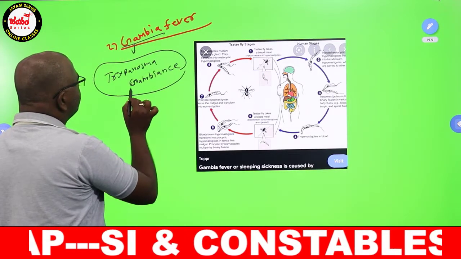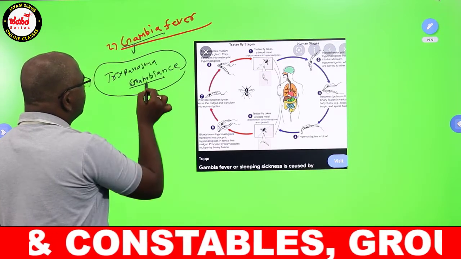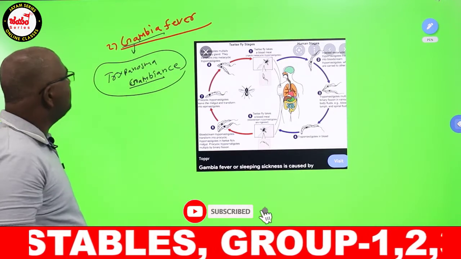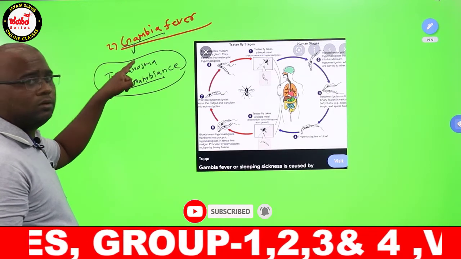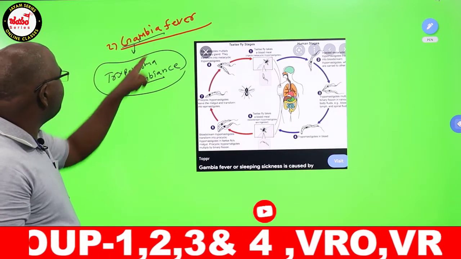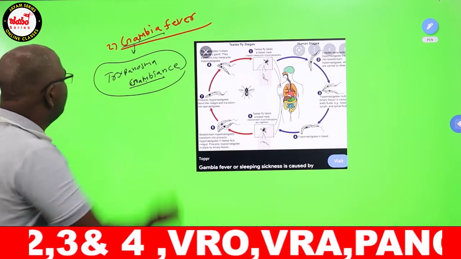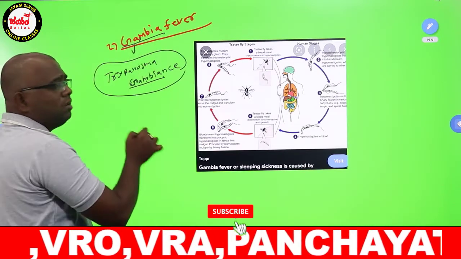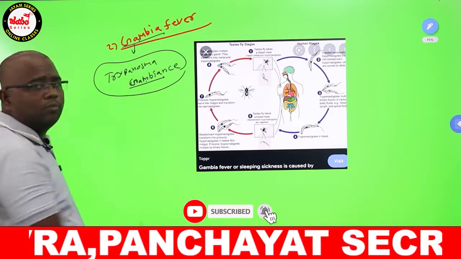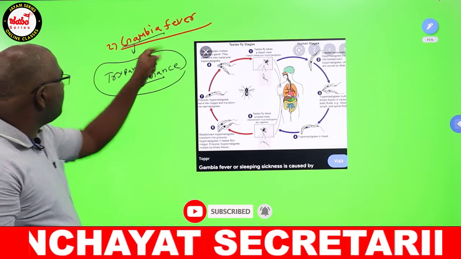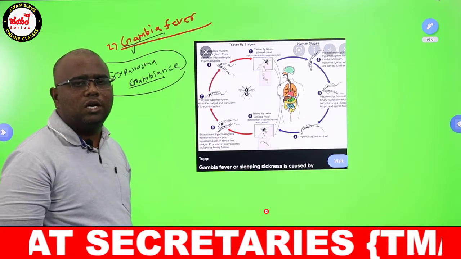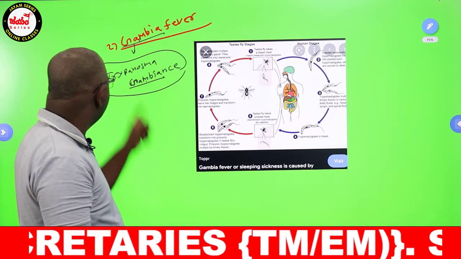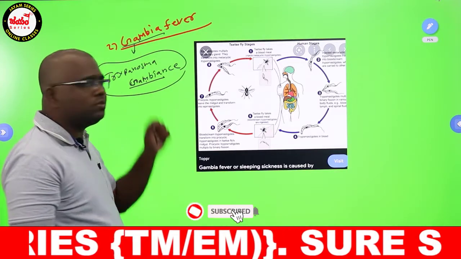Disease name and protozoan name are the same. You can observe that the words Gambia fever and Gambiense are both the same. The Gambia fever is caused by Trypanosoma gambiense.